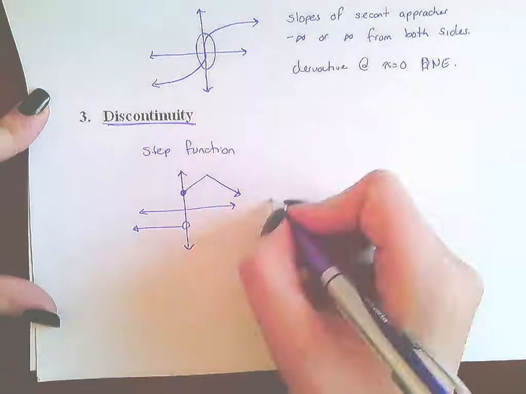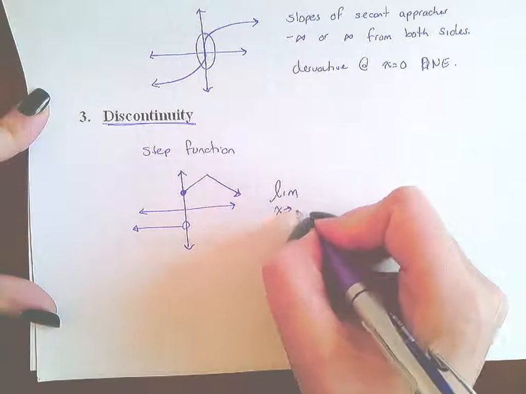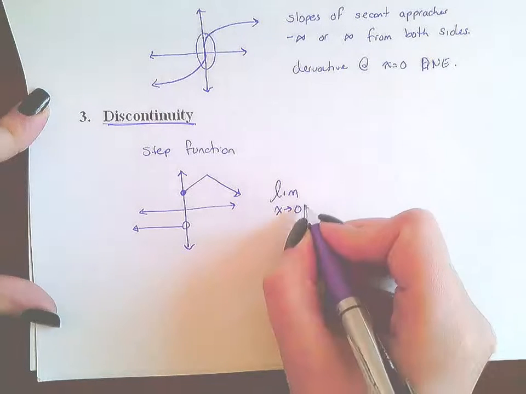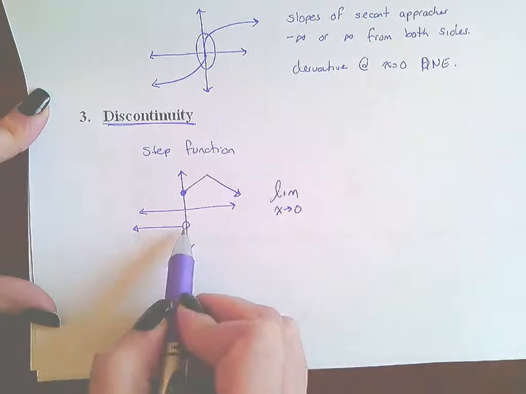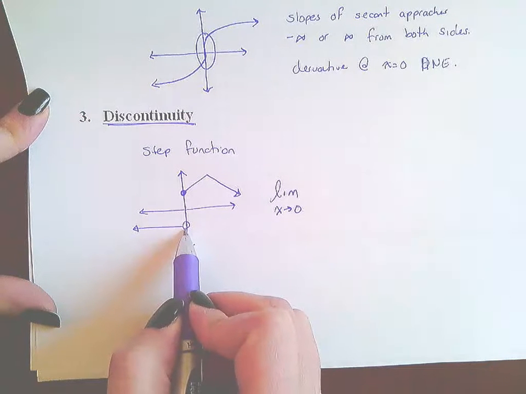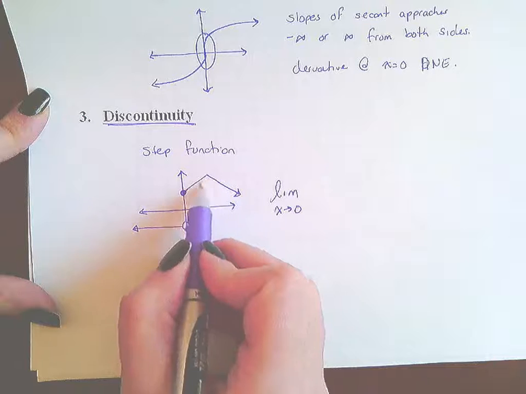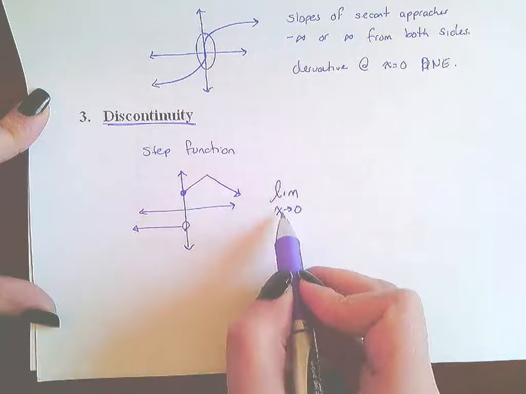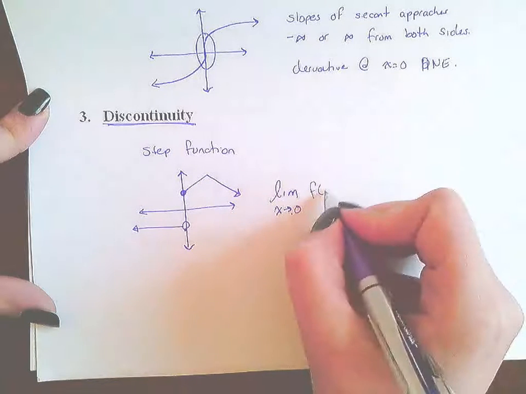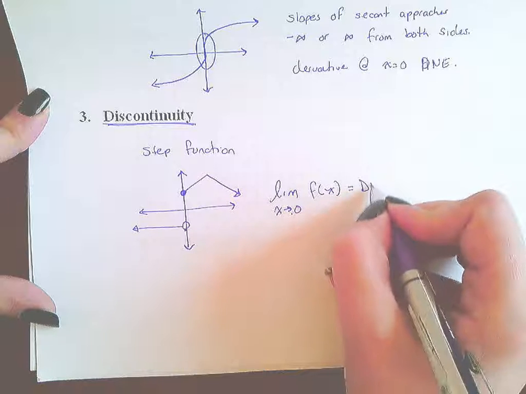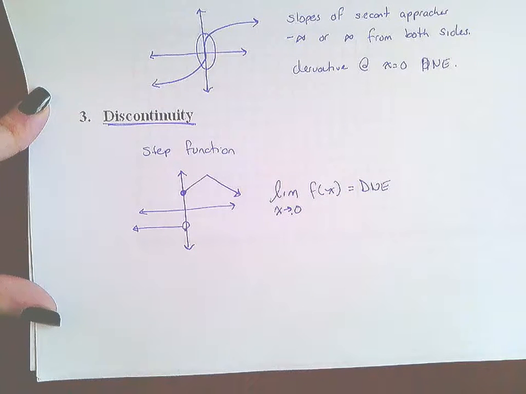So what happens as the limit of x approaches 0 from the left? It's getting closer and closer to, let's say, -1. And then from the right, it's getting closer and closer to 1. So the limit as x approaches 0 of this function does not exist.